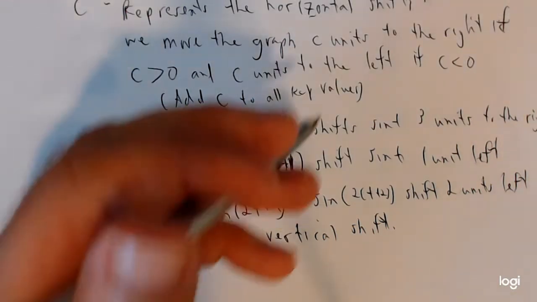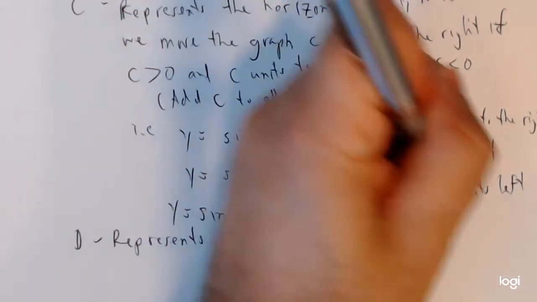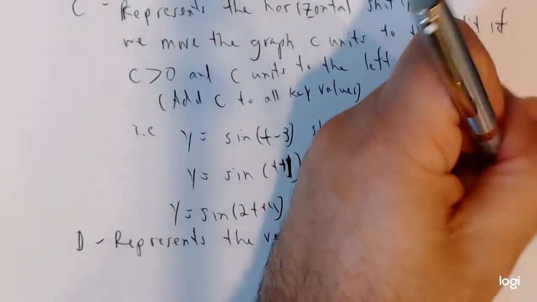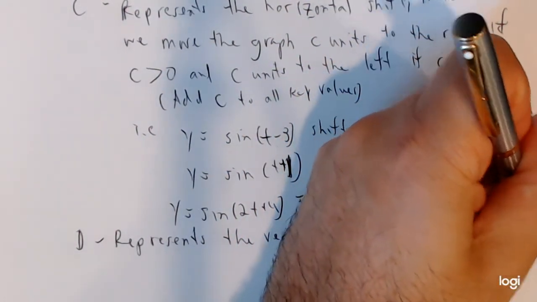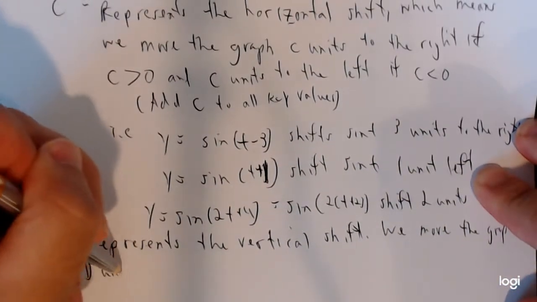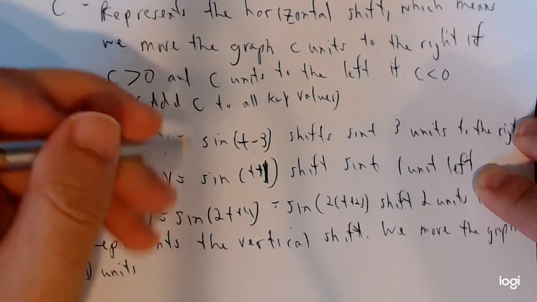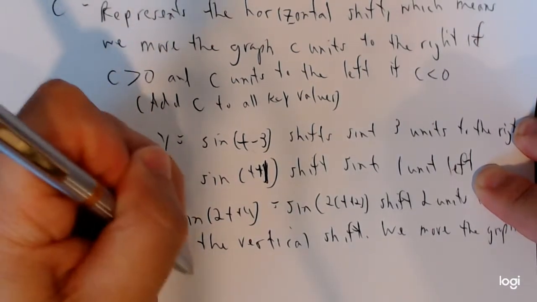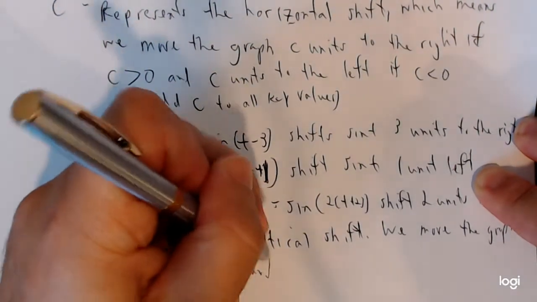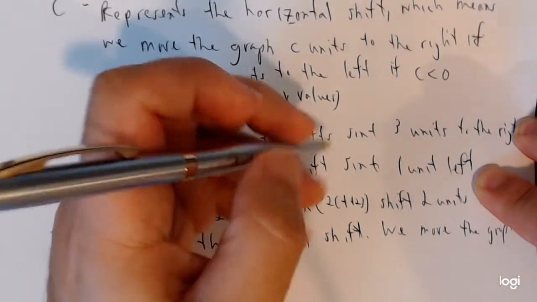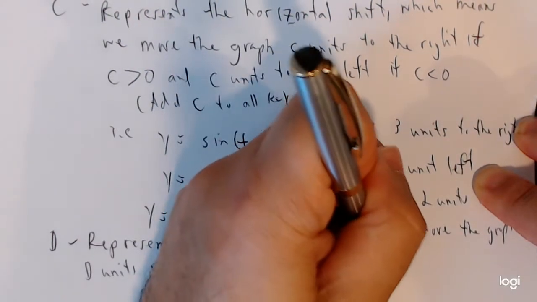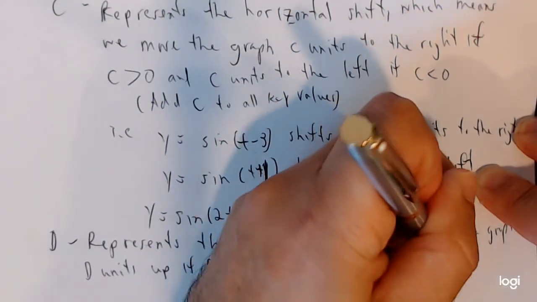So what we'll do is we move the graph D units up if D is greater than 0, and D units down if D is less than 0.